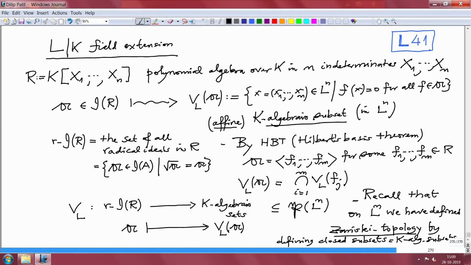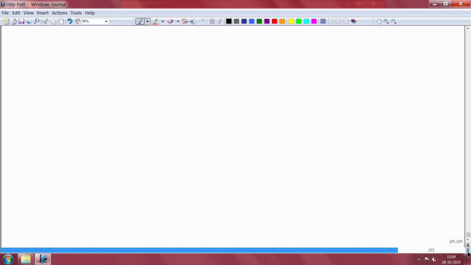For this we will have to define the map in the other direction, and we will look for when it is an inverse for this map. That we have already defined, so let me recall that definition. Recall that we have also defined the map, which is called I_K.